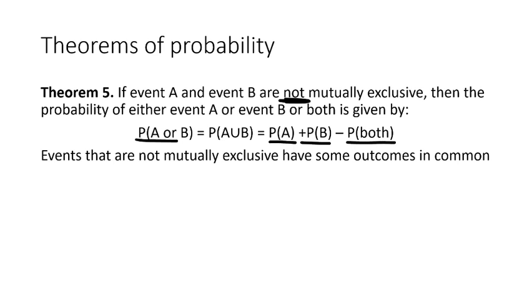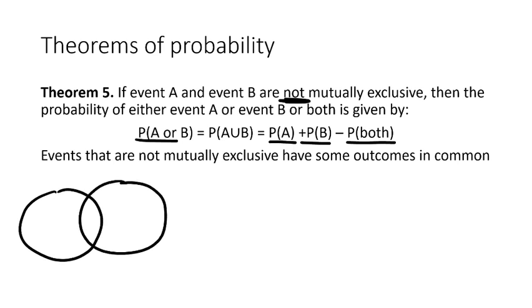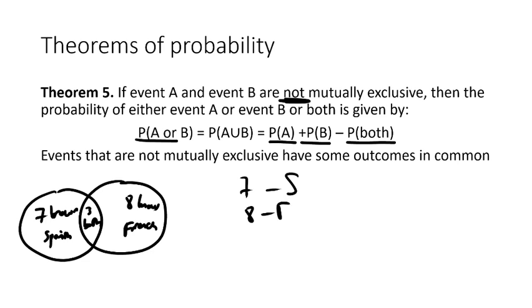Okay, let's see the example here. Say that 7 people know Spanish, 8 know French, and 3 know both. Okay, 7 Spanish, 8 French, and 3 both.